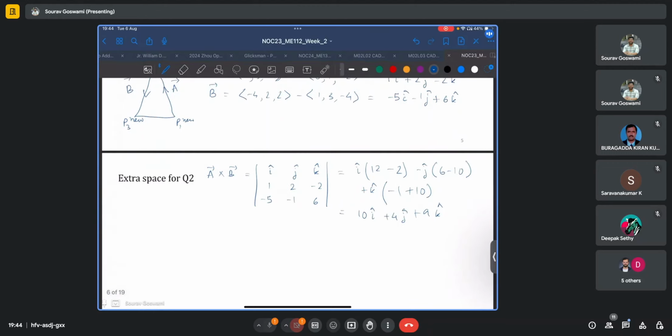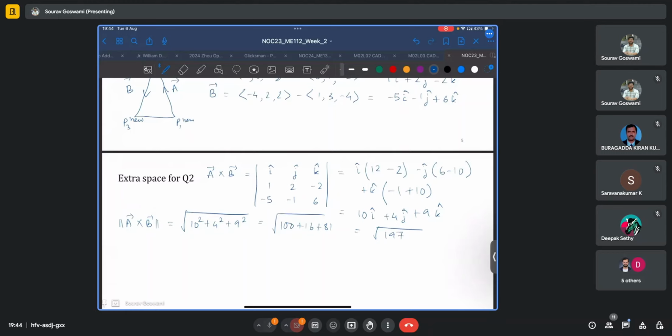Now A cross B is a vector normal to both A and B, but it is not the unit normal. To find the unit normal, we simply divide it by the norm of A cross B, which in this case is the square root of 10 squared plus 4 squared plus 9 squared, or 100 plus 16 plus 81, which is 197.